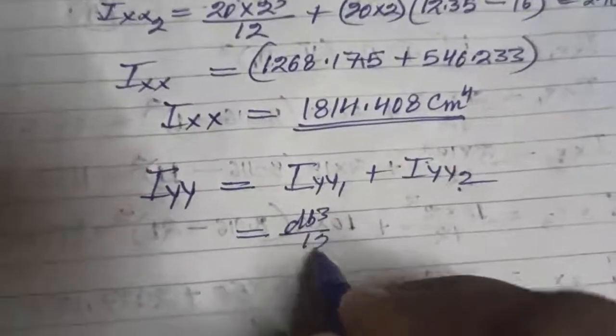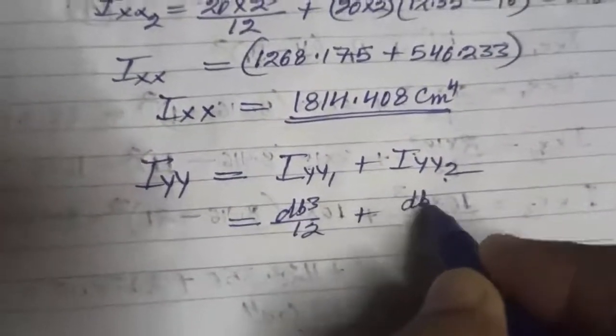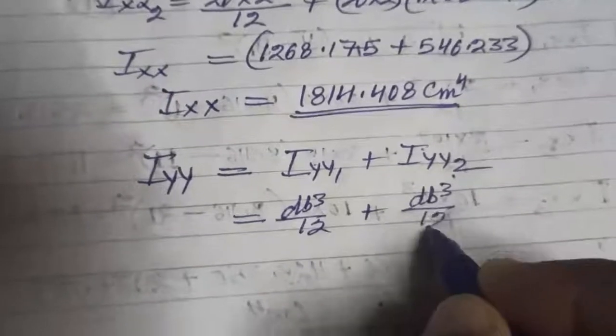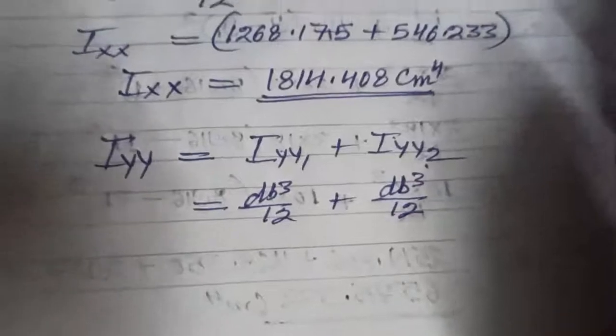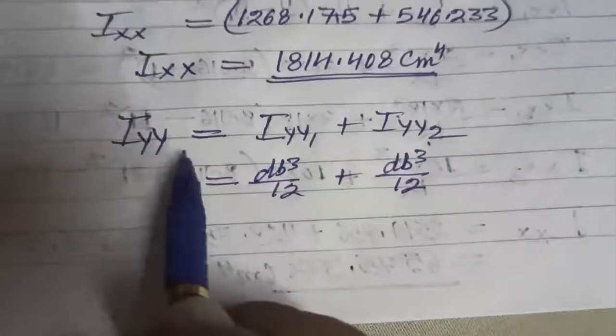DB cube upon 12 plus this is also DB cube upon 12. Now, the cube of the side perpendicular to the YY axis.